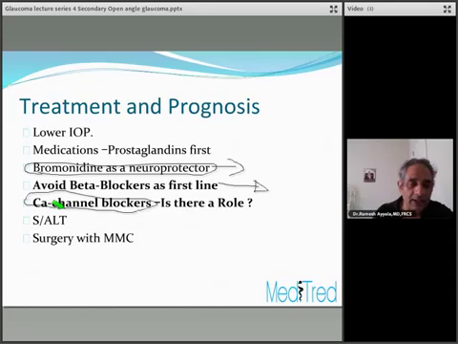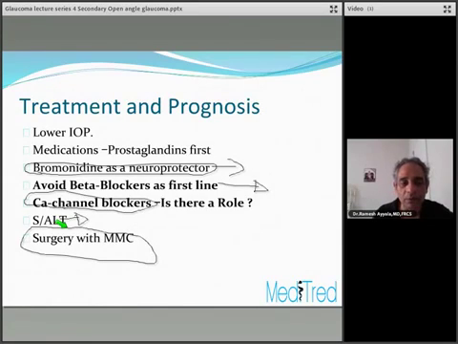SLT or ALT as part of your treatment is okay in these normal tension glaucoma patients, but don't expect a dramatic drop in intraocular pressure, because the starting intraocular pressure is only 14. Even in the most effective case, you may expect a drop of about 2 or 3 points. So ultimately, a lot of these patients, if they have progressively worsening visual fields, will end up having trabeculectomy with mitomycin C, because you want to lower the intraocular pressure below the episcleral venous pressure.